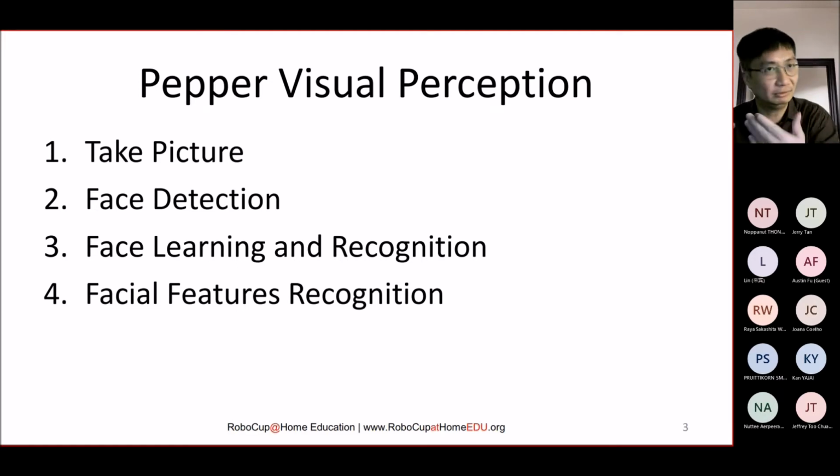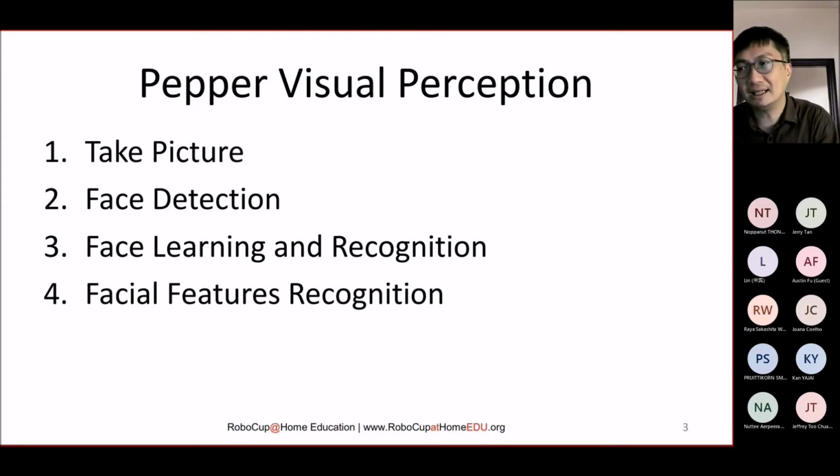Pepper will differentiate whether this is a hotel guest or some guest who has not yet signed up, okay, so this is not a hotel guest. So for different persons, you might have different interactions, for example, the service that you provide. So face recognition is important to let Pepper recognize a certain known person.